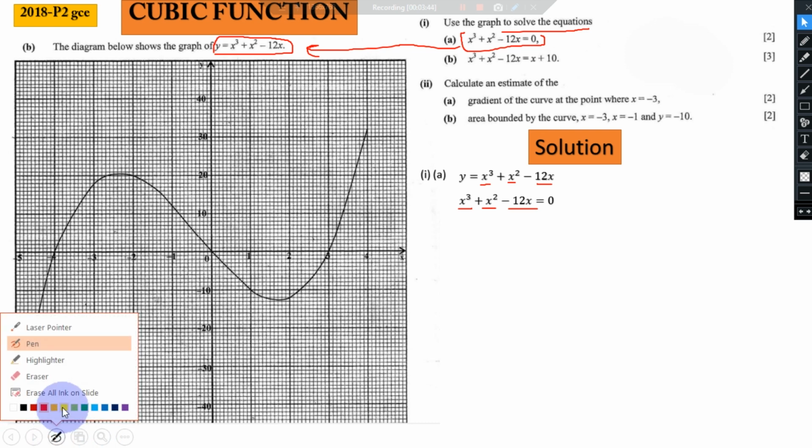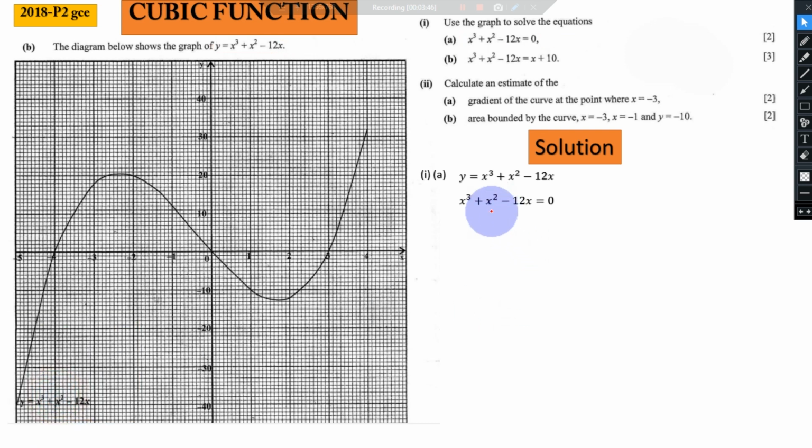Our next step now is to start cancelling out what is similar. So the x cubed and the x cubed, they are similar, we cancel those. The x squared, we cancel. Negative 12x and negative 12x, we cancel them. What remains?